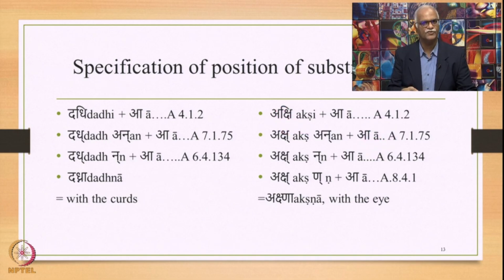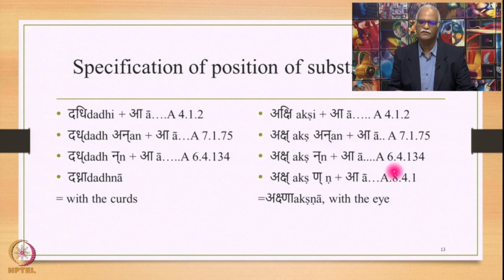Where would you put this substitute? What's the exact location? And that exact location is stated by the marker ng, which says that substitute this an in place of final i. So we get aksh, an and a.